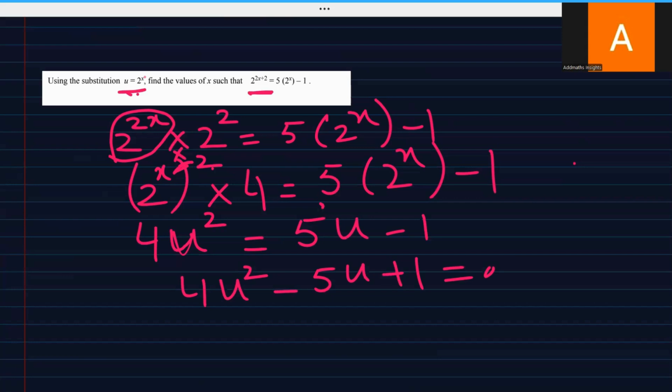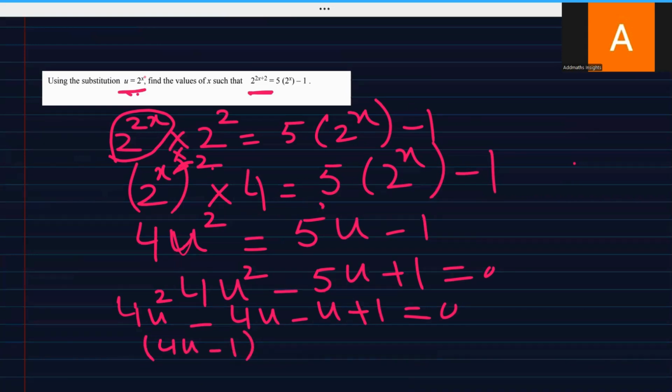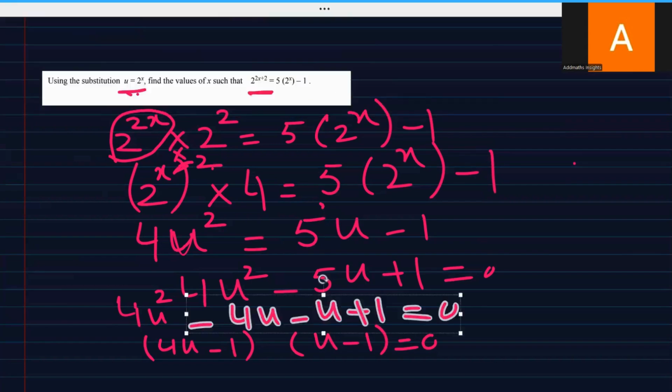And then you can apply factorization: 4u squared minus 4u minus u plus 1 is 0. Then you can write 4u minus 1 and u minus 1 is 0. And you get two values of u.